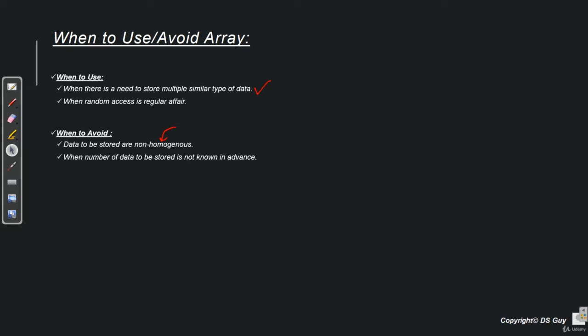If it is coming from some external source which does not let us know how many data we are expecting, in that case array will not work, because in an array we have to predefine what is the size of the array. Now since we don't know how many data we want to store, we cannot tell what is the size of the array that is required. Hence, in those cases, array will fail miserably.